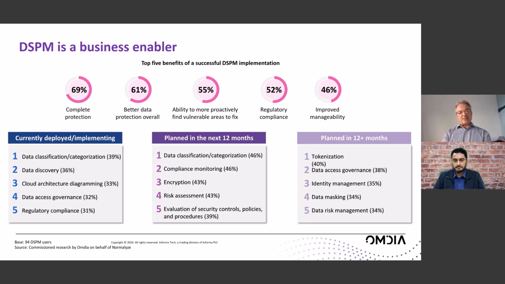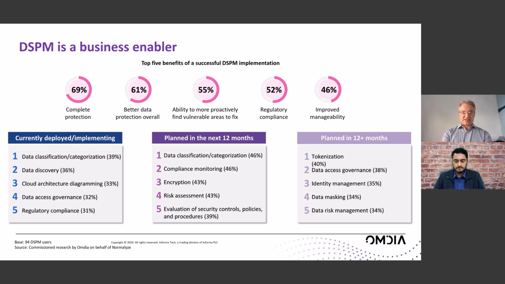But I guess the reality at the moment is that whilst that's the aspiration, a lot of the DSPM deals that Omdia has seen tend to be around the functionality of the data itself.